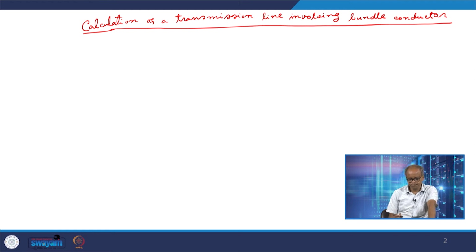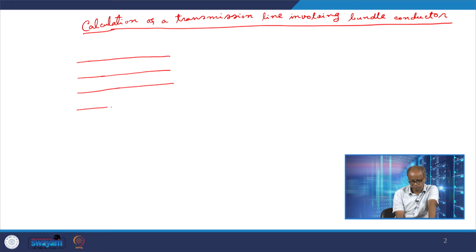For that, let us consider a case where I have got a 4 conductor line: X, X dash, A dash, B dash, C dash, and then I do have ground also, the local ground. This is the local ground, and this is the remote ground. We have already seen all this.